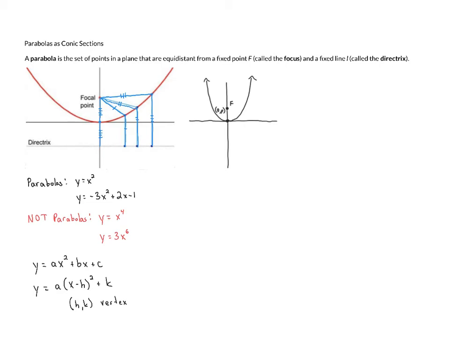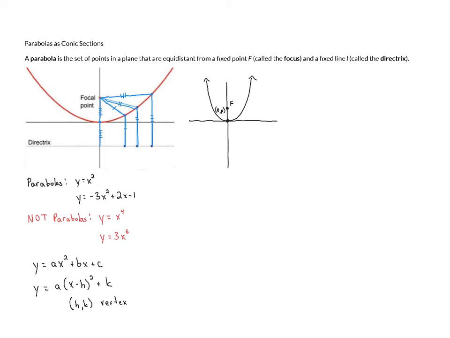Let's take a look at a parabola whose vertex is the origin and whose focus is at the point (0, p). So p units above the vertex, p units above the origin.